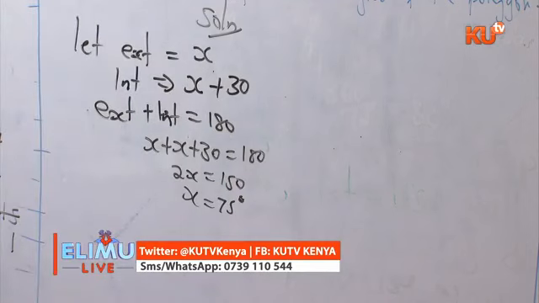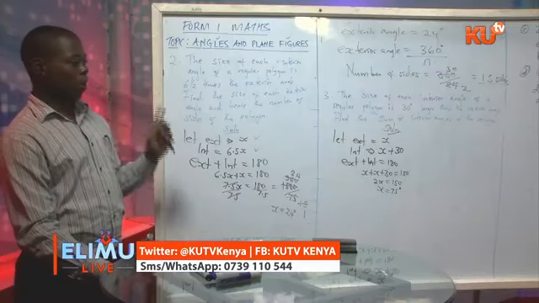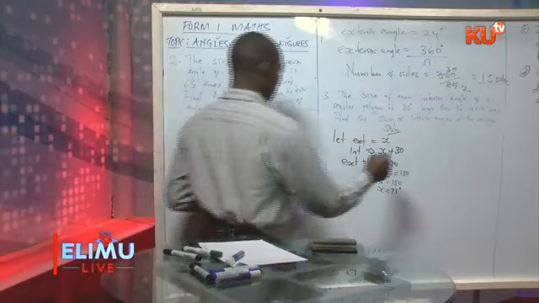And x is the exterior angle. So how many sides does this polygon have?